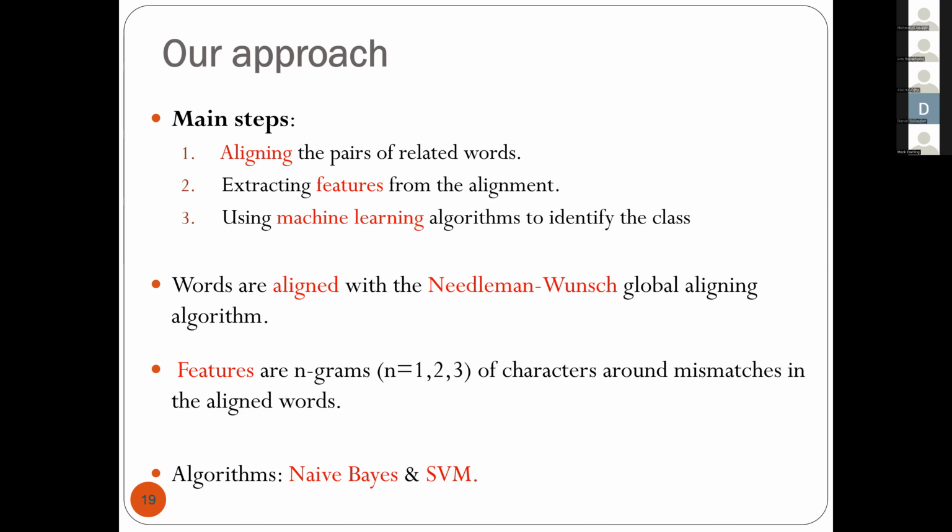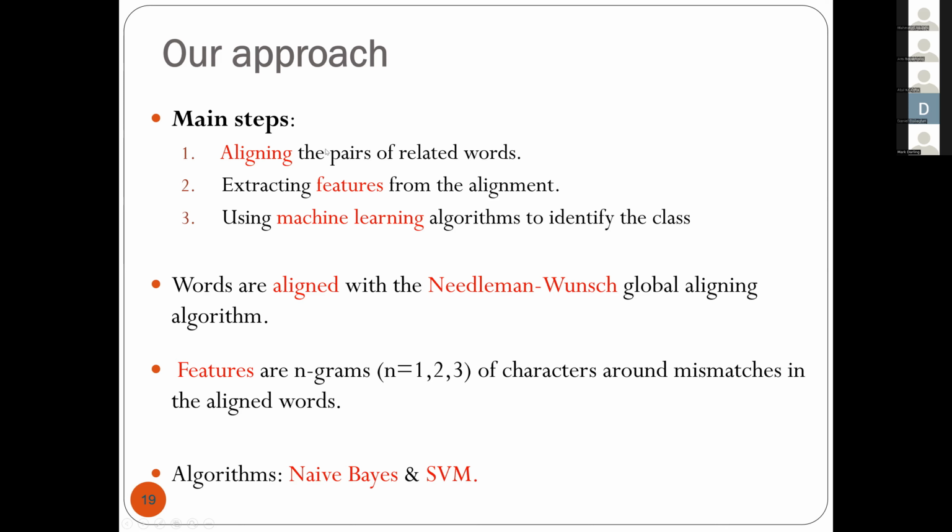After aligning the words, the second step is to extract the features from the alignment. And the third step was to use some machine learning algorithms to identify the class, whether or not they are cognates. I will explain the idea behind each step in part.